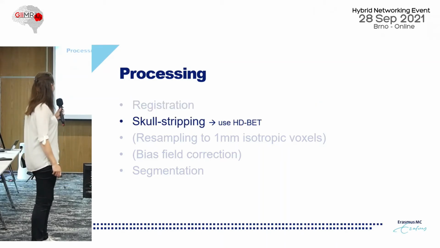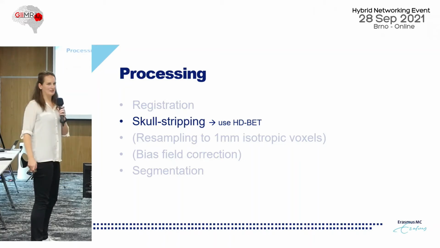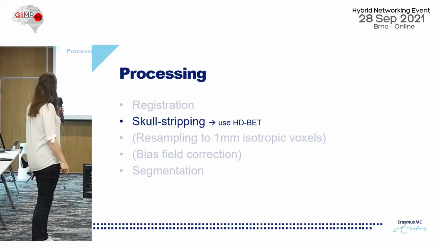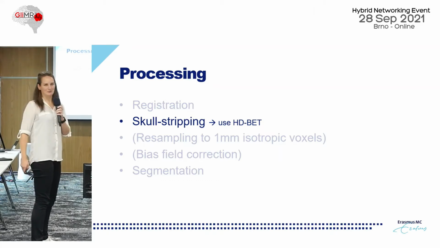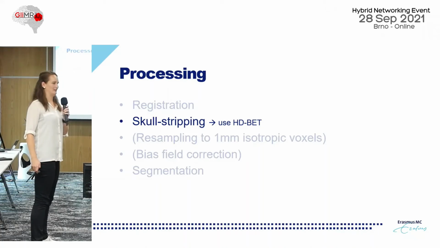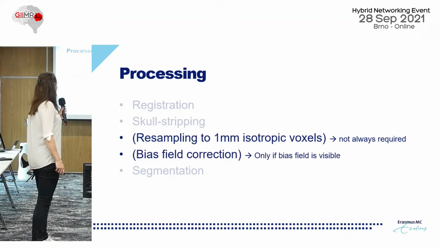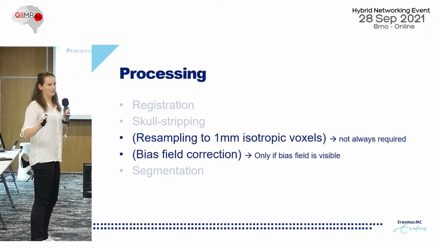Skull stripping. I have seen a few questions about this already after Matthew's segmentation presentation. I use HD-BET, which is a relatively new method. I will also show you in the demo. It works, in my experience, a lot better than any existing method. Resampling depends on which method you use.